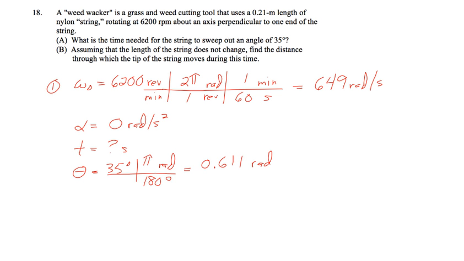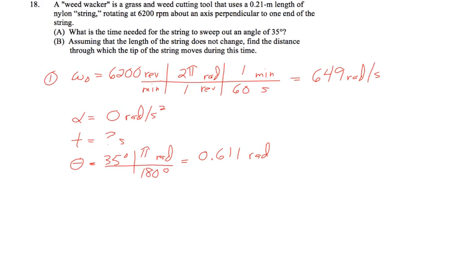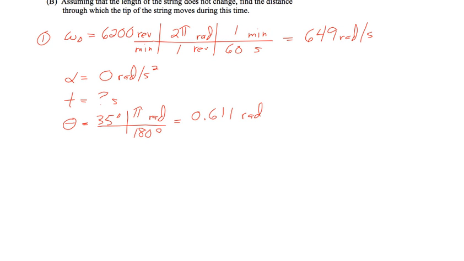Okay, so there are my facts, and so I'm going to pick the correct equation. So step 2, the only fact I didn't write down was the final angular velocity. So the only formula that doesn't have the final angular velocity is this one. And since alpha is 0, that whole term cancels out. Rearranging it to solve for time, we divide both sides by omega naught to get time by itself, and we get theta over omega naught.